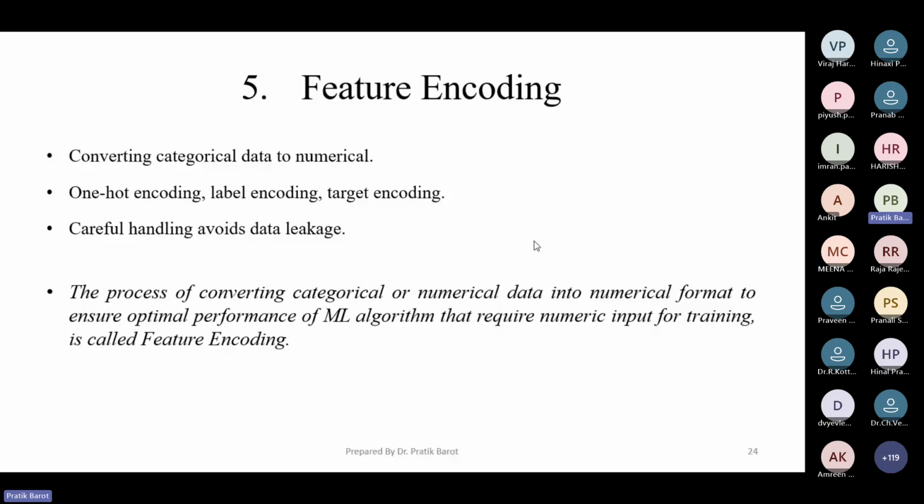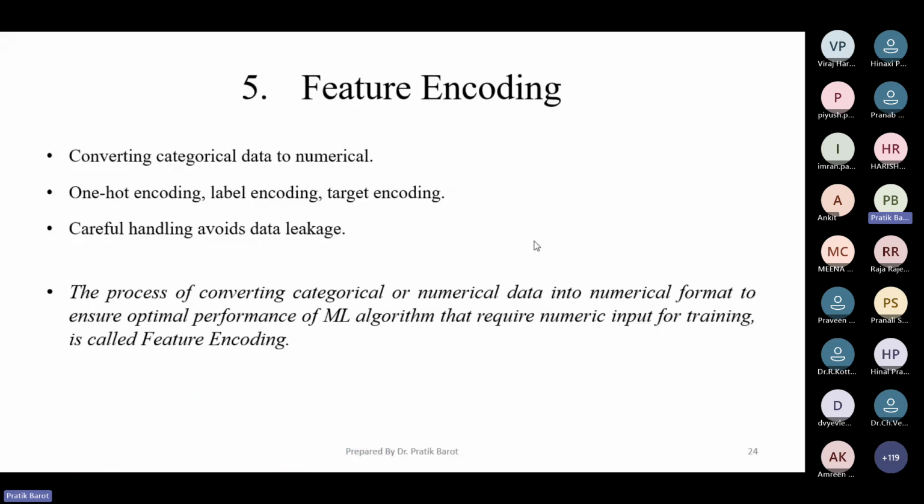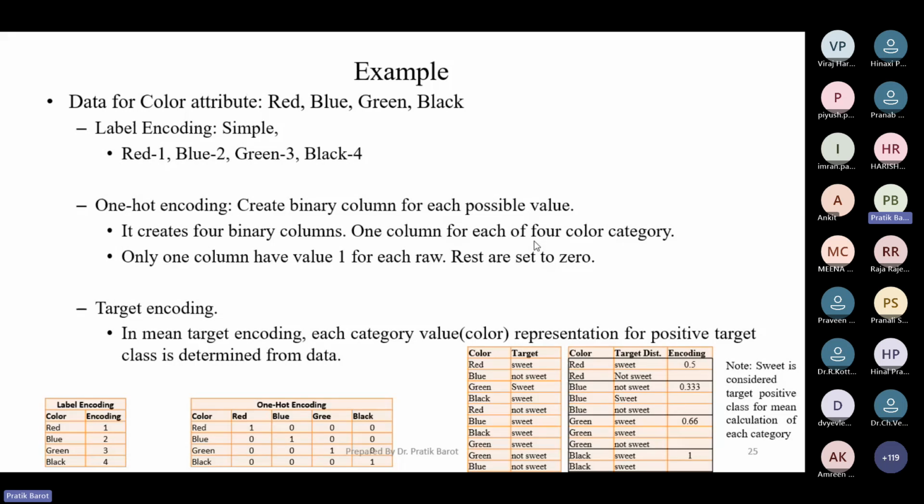Now let's see how these three methods work. Suppose, for example, we have a color attribute that has four values: red, blue, green, and black. Label encoding is very straightforward and simple.